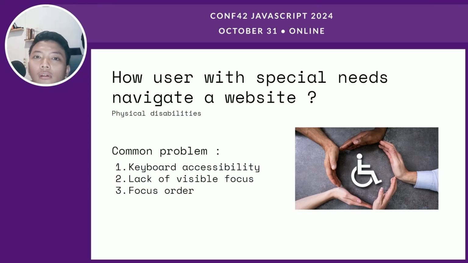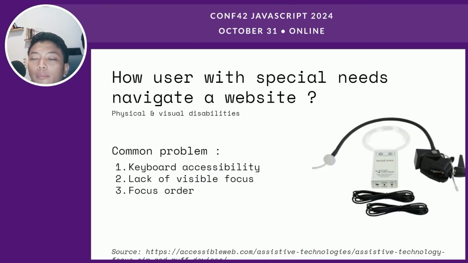And the other thing is the focus order. Maybe the focus is not quite correct. When they try to navigate to button A, the focus is on button B or something like that. So this is quite a problem, right?